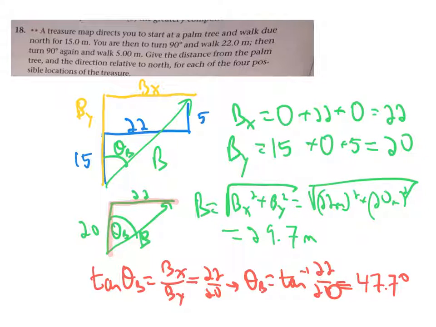You'll notice in both these cases our tangent ended up being the thing in x over the thing in y, even though in class we had said that the tangent was the thing in y over the thing in x. And the key difference here is that we are measuring our angle relative to the vertical. And that swaps the role of x and y. That'll come back to us in chapter 5 a bit as well.